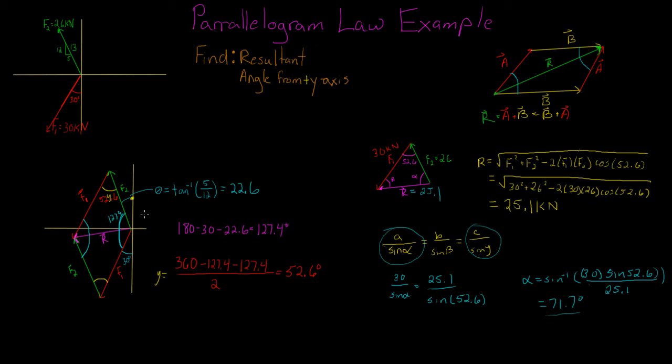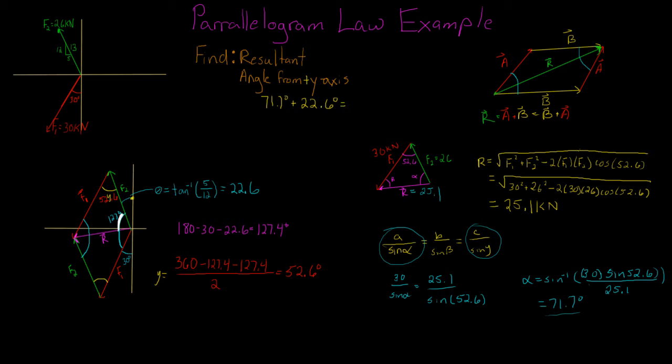Now, this is not the angle that the resultant makes with the positive y-axis. This angle is just, let's get a different color, yeah, it's just this angle right in here. So for the angle from the y-axis, we need to add this 71.7 degrees plus this 22.6 degrees.